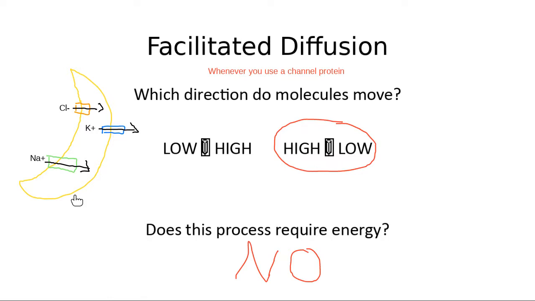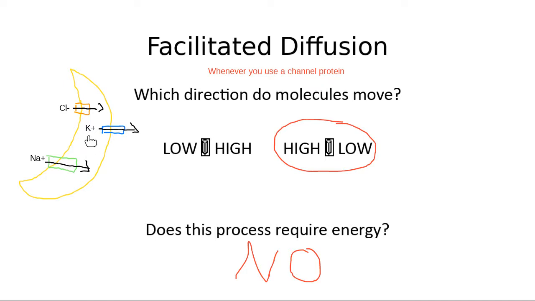Hey, this is a must-know concept right here. We need to know our salty banana cell, that there's a lot of potassium inside our cells, a lot of sodium and chloride on the outside. That's important because channel proteins can only move stuff from where there's a lot to where there's a little.